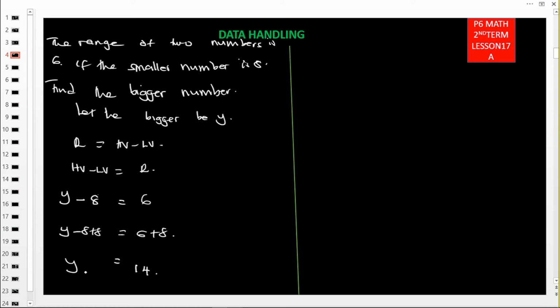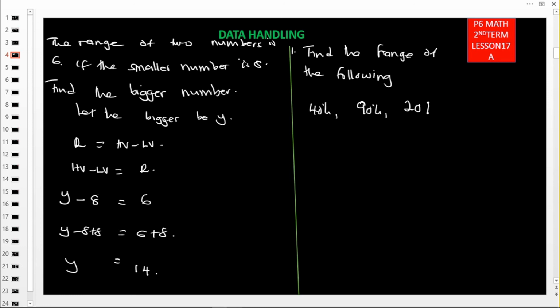So I hope that you've understood that. Try out the following. Number 1 says find the range of the following. Part A: 40%, 90%, 20% and 15%.